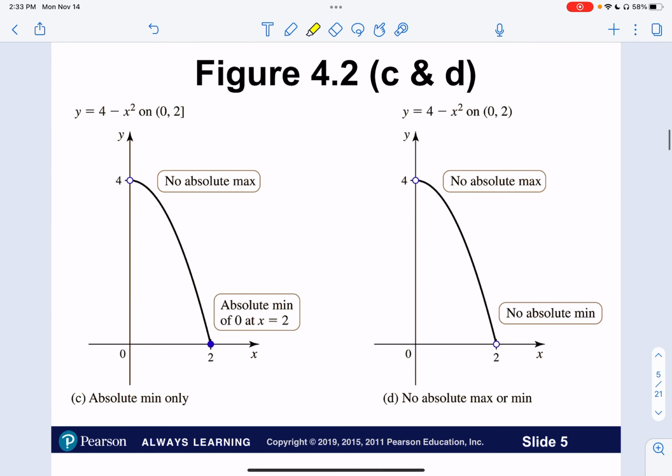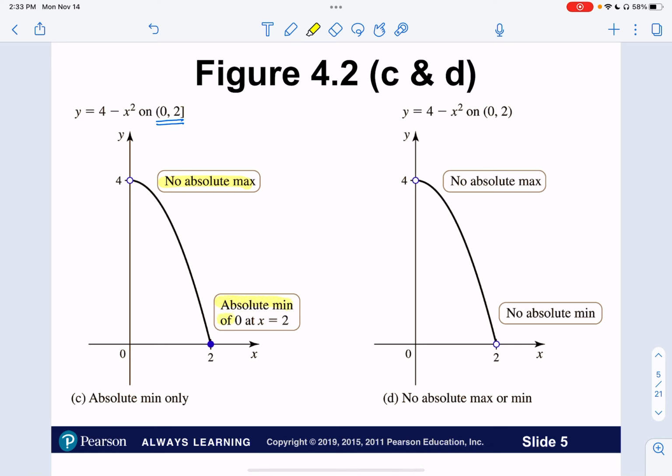If we look at the next figure, all we've changed is the interval: 0 to 2, not including 0. So here, because 0 is not included, we have no absolute max, and you probably remember this from algebra.